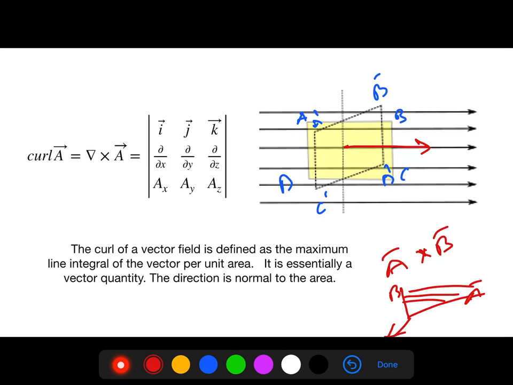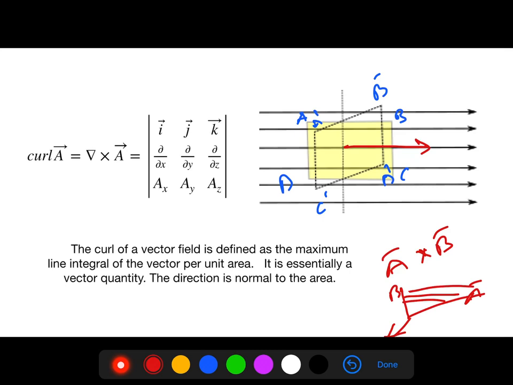So, it follows the direction, follows the thumb rule. Suppose a vector function is differentiable at each point x, y, z.